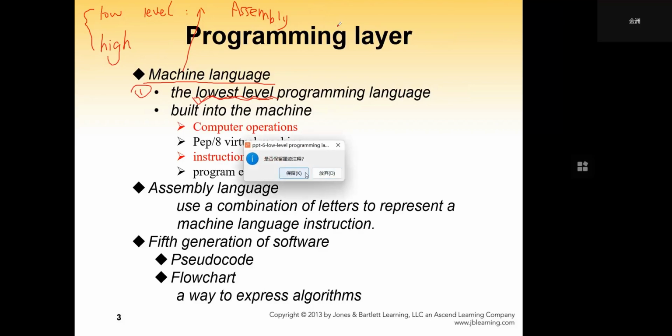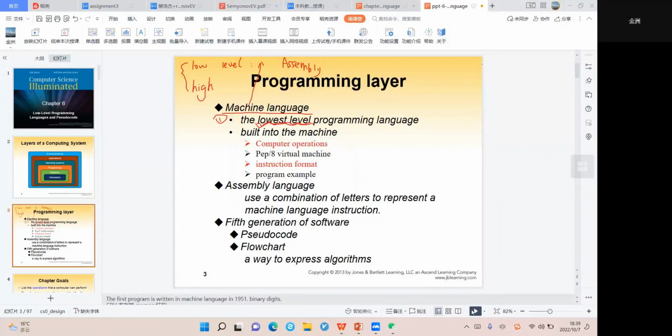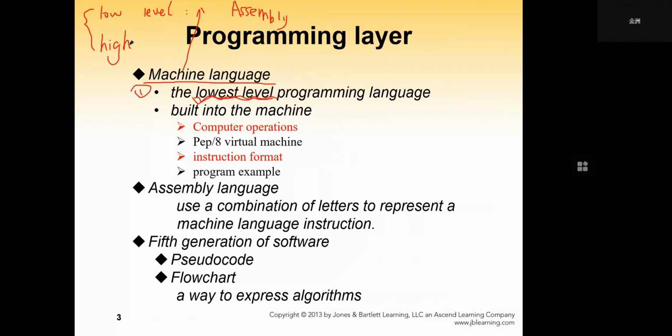And corresponding to it, we have high-level programming languages. For example, the C programming language, C++, Java, or Python. All of them are high-level programming languages, which are much more convenient for human beings to understand, but cannot be directly understood by the machine.